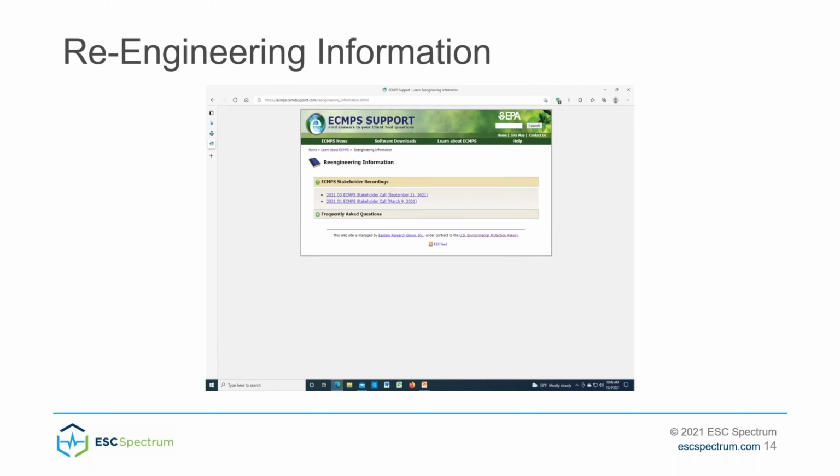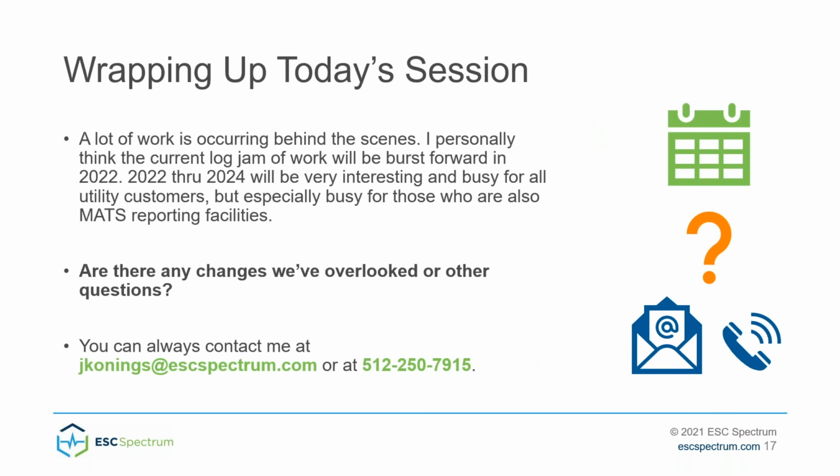So I hope my response answers your question and clarifies it. If not, you can certainly give me a call or email me at the email address or phone number listed on the screen right now for further discussion about this topic.